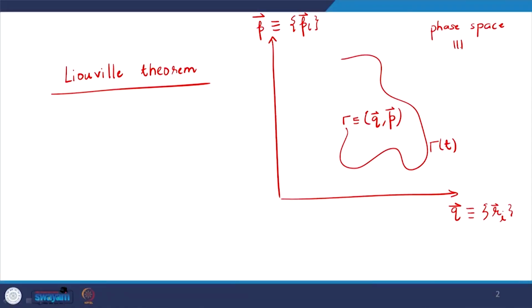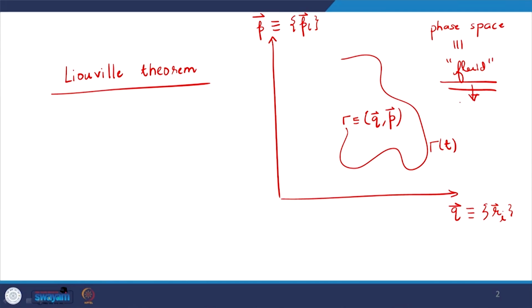So, that motion we can characterize as some fluid moving within the phase space. It is not really a real space in terms of coordinates. You will not see that happening in this particular way because it is not a space that we can visualize, because it is 6-dimensional. So, the fluid is somewhat hypothetical, so to speak, but the definition of that fluid is useful in defining this particular theorem on the phase space.